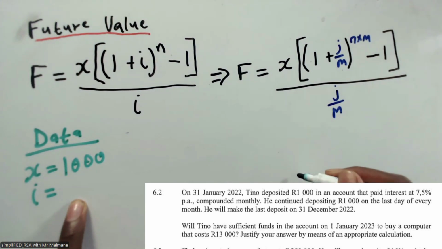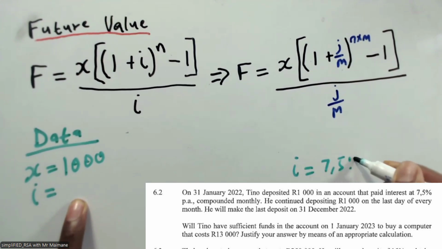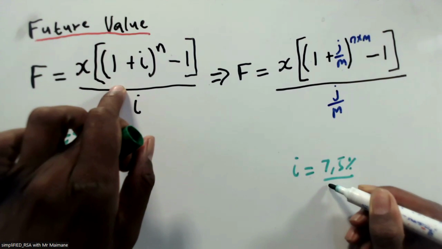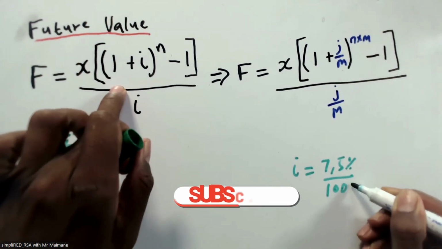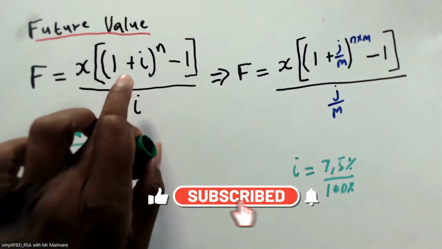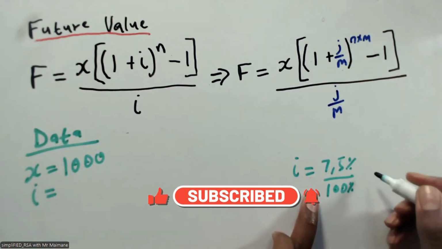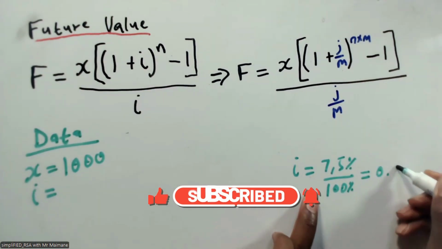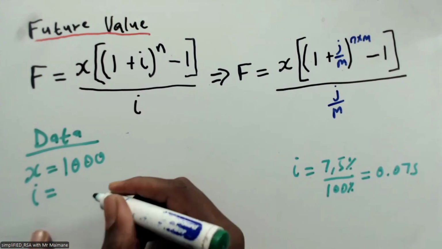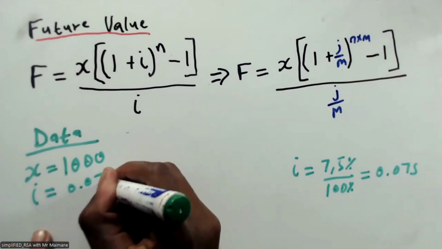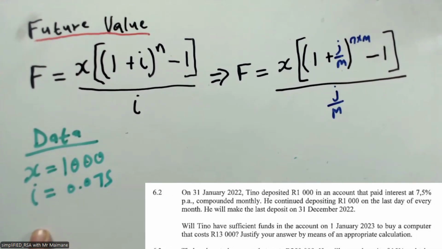Whenever you are dealing with I, you must always divide it by 100% in order to substitute on the formula. So this is going to be 0.075. So my interest rate is 0.075. What else do I have?